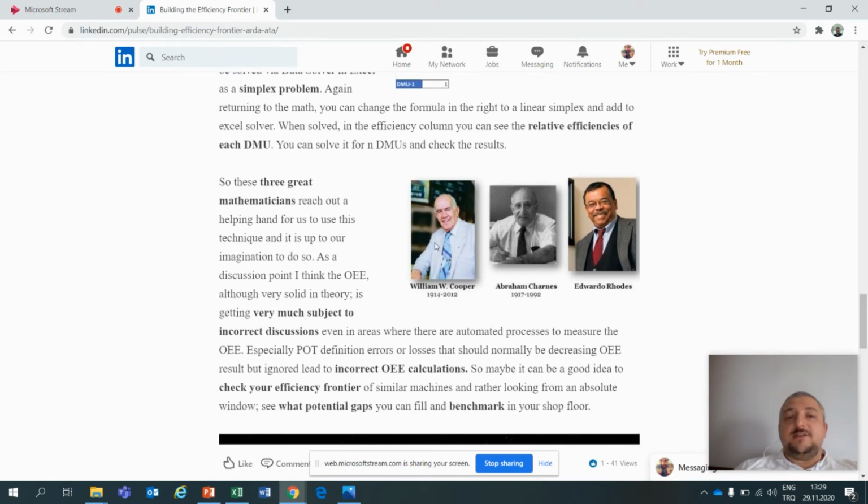So these are the three great mathematicians that created this beautiful technique: Mr. William Cooper, Mr. Abraham Charnes, and Mr. Edward Rhodes.